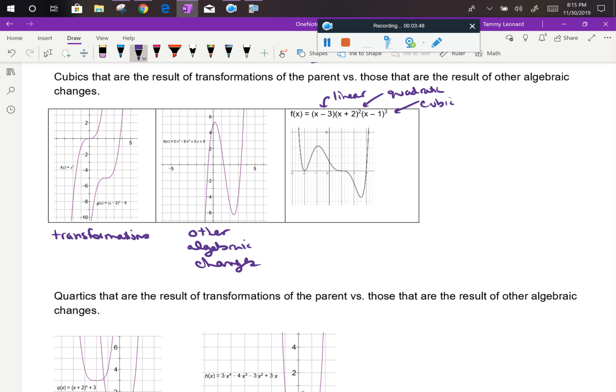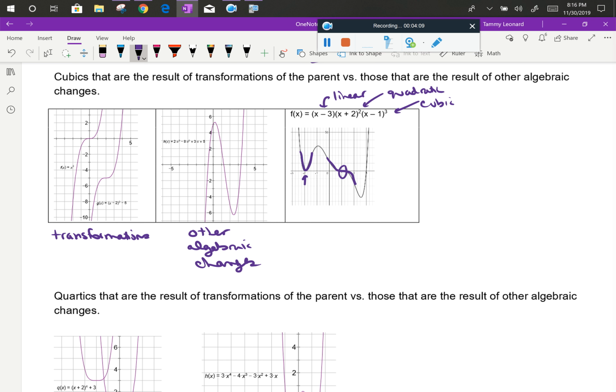So for example, if I'm looking in here, that looks an awful lot like a cubic, and notice that x value is 1. So if I go look at the x value of -2, the 0 associated with that factor, notice it's almost like I have a parabola happening at the x value of -2.